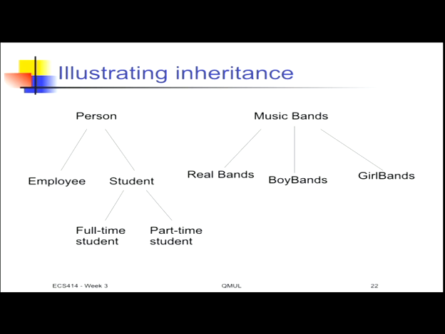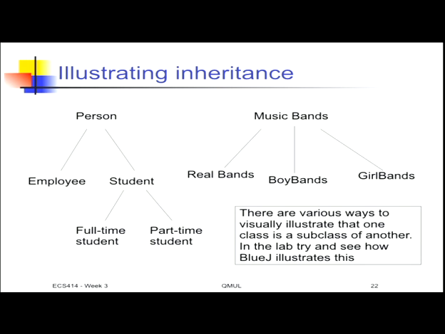When there is no is-a relationship, they are separated and unconnected. In BlueJ, as you will see, when you create a subclass, BlueJ automatically creates an arrow that goes from the rectangle showing that subclass and points to the superclass. So it's a very natural, graphical way to show the inheritance relationship.